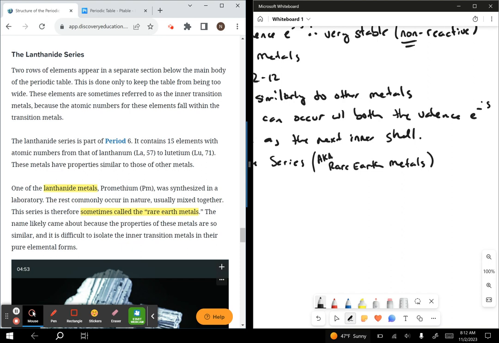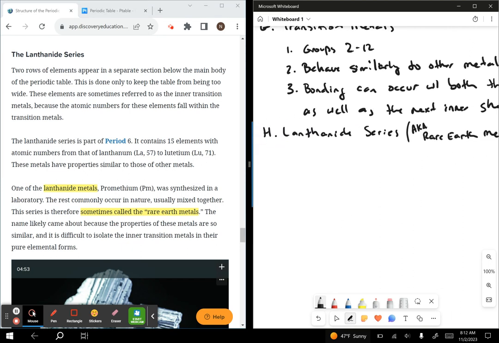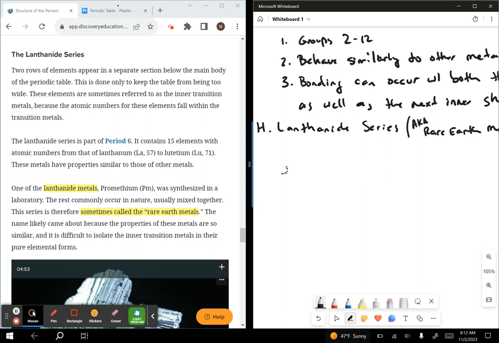So let's write down a few facts there. Number 1, period 6 elements. Okay.